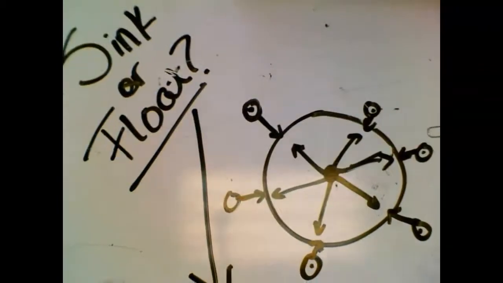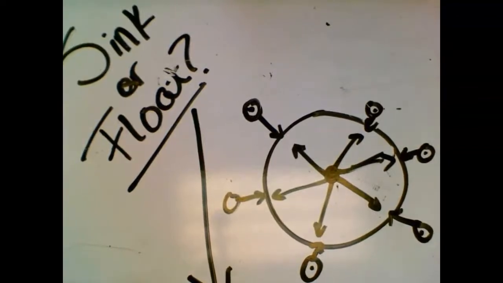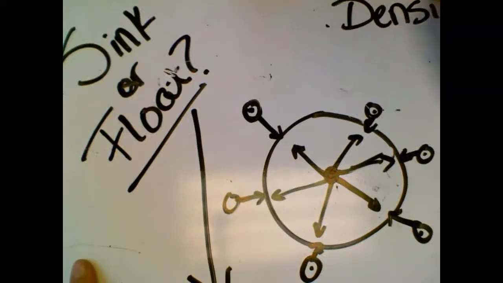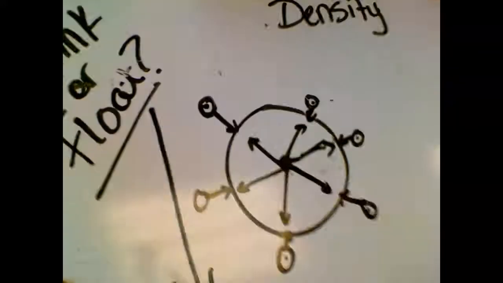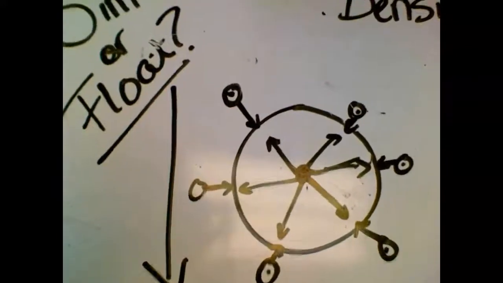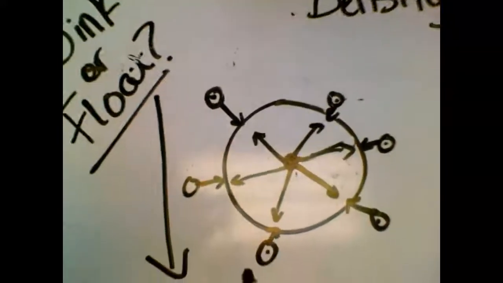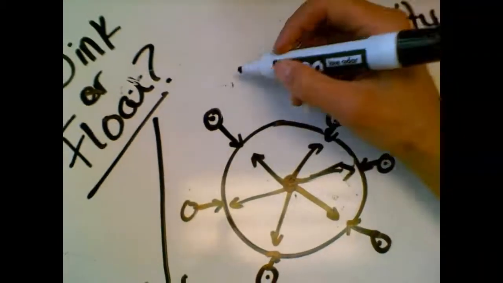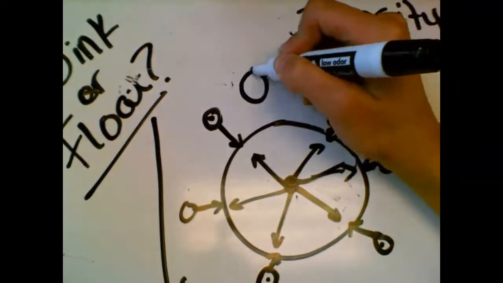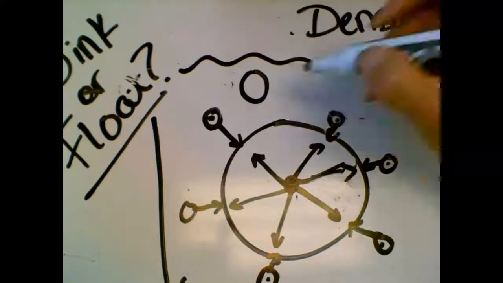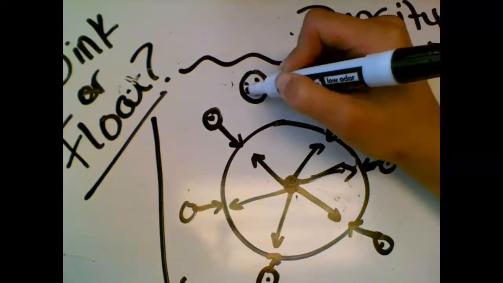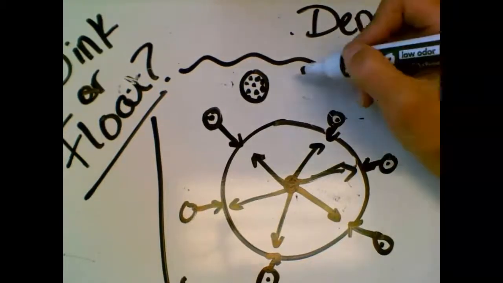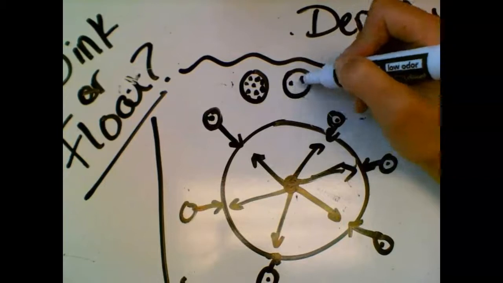So that leads us to sinking or floating, and that's based on a property called density. Again, how packed in or how close together or spaced out your particles are. So if we looked here, and let's say I have an object here, and we put them in water. This one has this many paper clips inside, versus this one here.